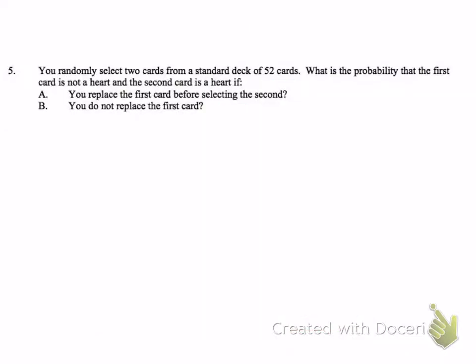Okay, number 5, it says you randomly select 2 cards from a standard deck of 52. What is the probability that the first card is not a heart and the second card is a heart? So out to the side, I want to figure out what my probability is for each.